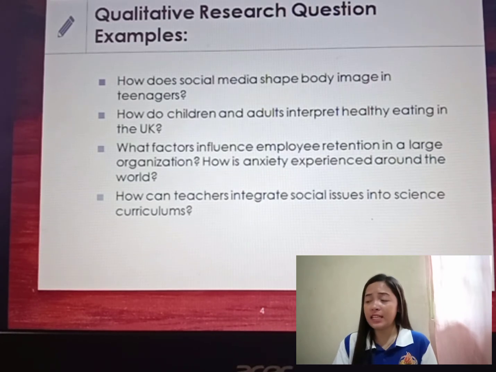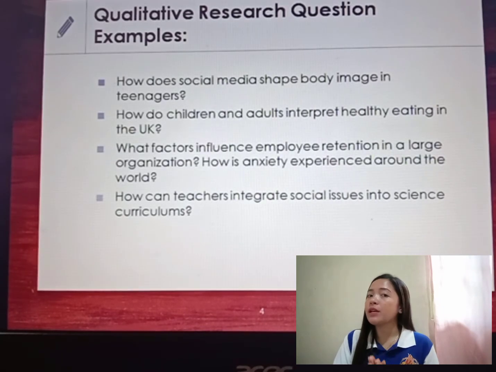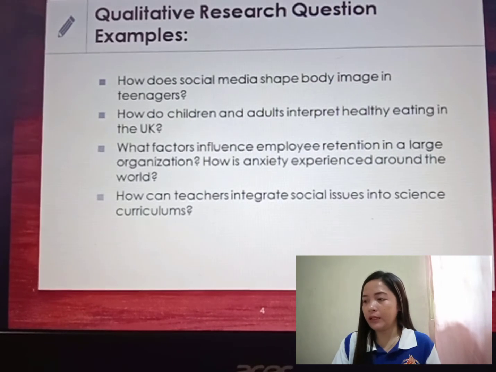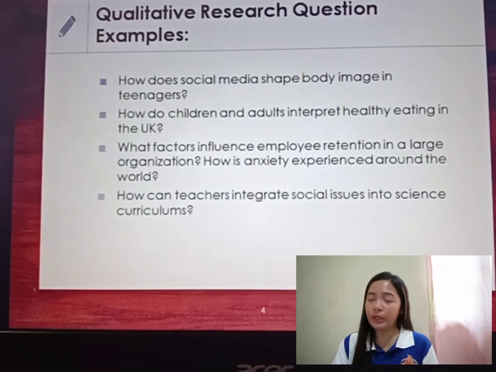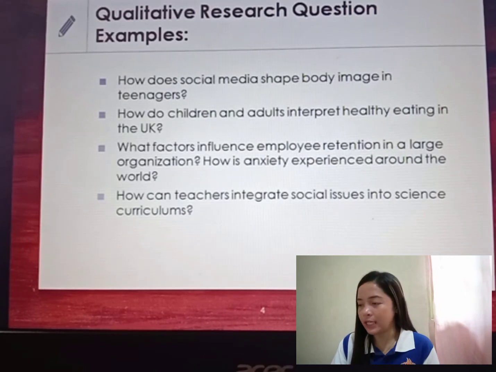How is anxiety experienced around the world? Fourth, how can teachers integrate social issues into science curriculum? Those research titles might be useful in conducting research studies.